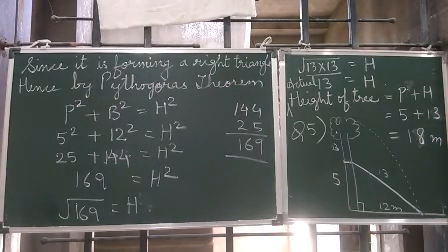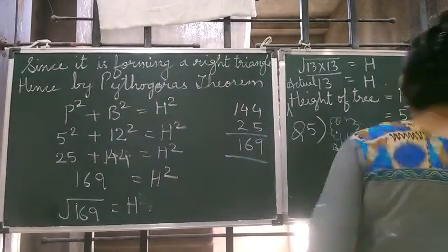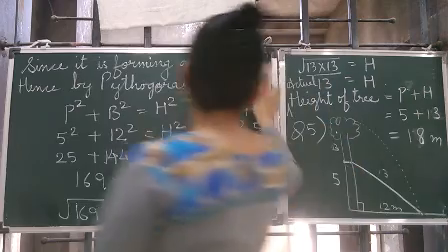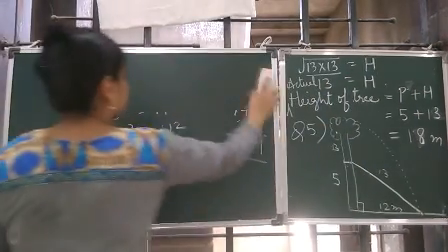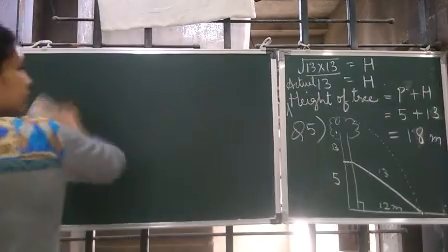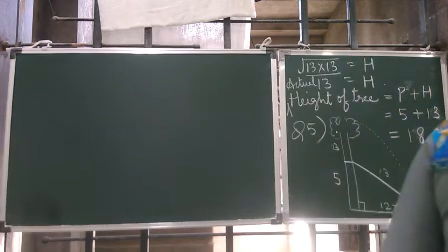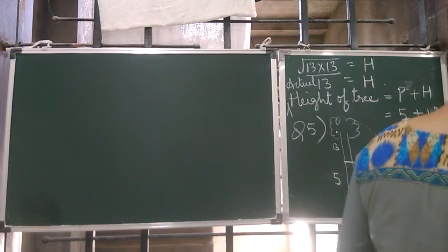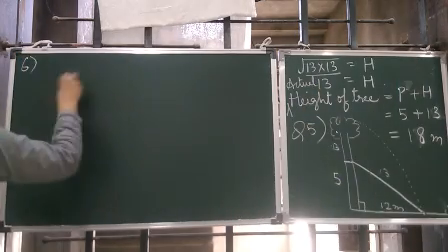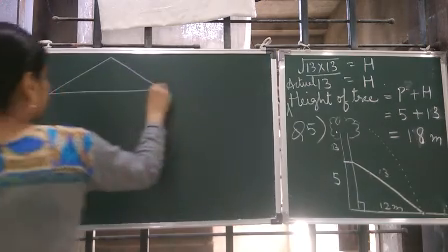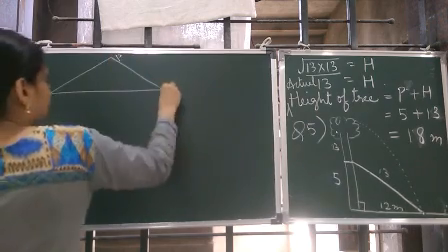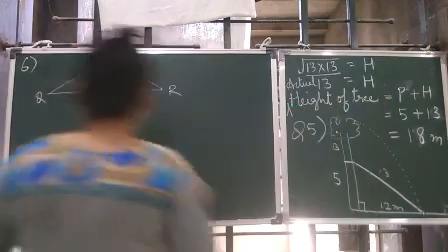Then we start with the sixth one, children. The sixth question is: in a triangle PQR, angle Q and angle R are given.